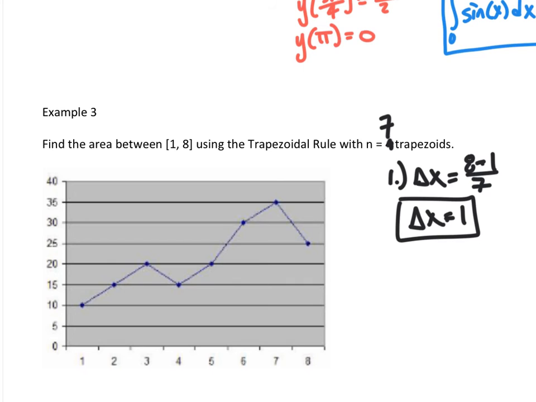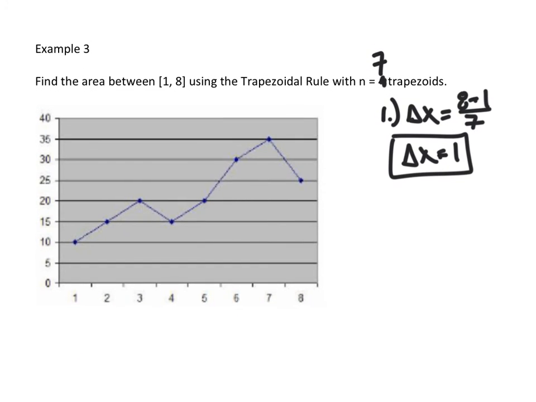Now what I want to do is find all my y values. Part 2: f of 1 is 10.